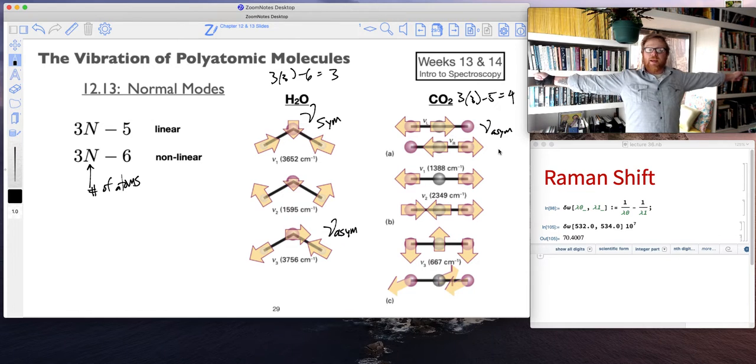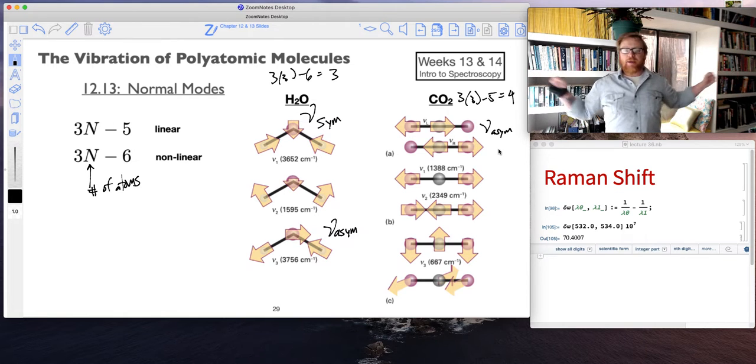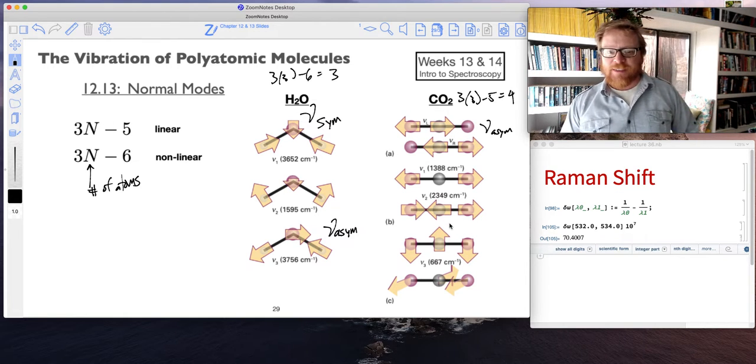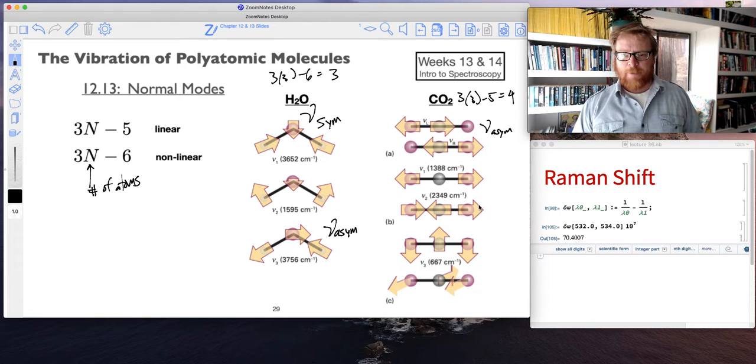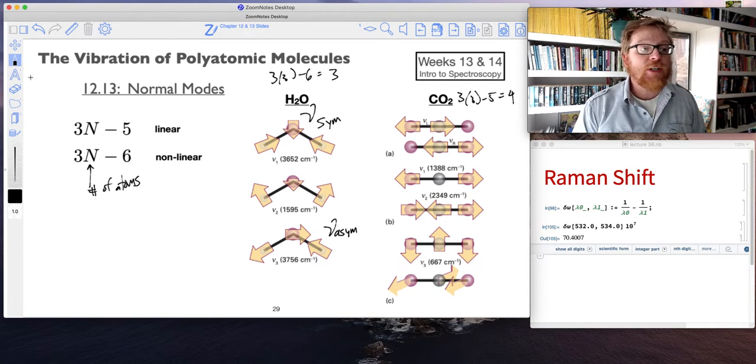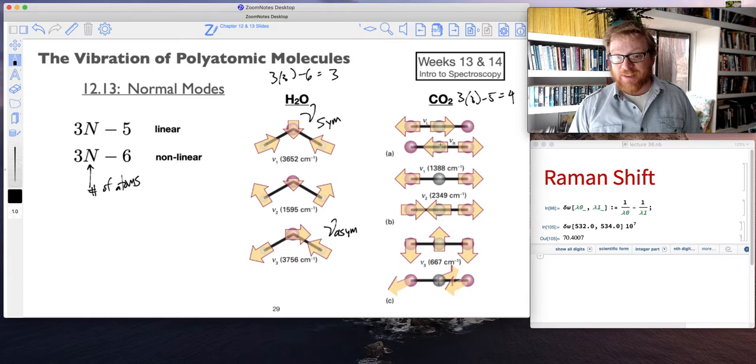Of course, that also means we have the symmetric stretch, where it just does this. And as it turns out, I think I labeled these incorrectly, because that symmetric stretch for CO2, notice it doesn't have an energy associated with it. That's because it's forbidden.